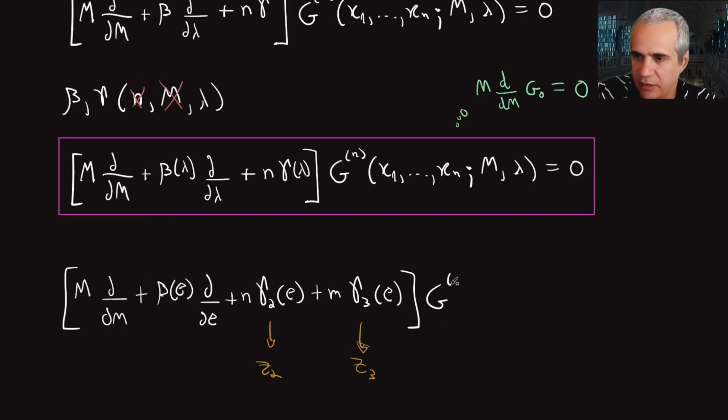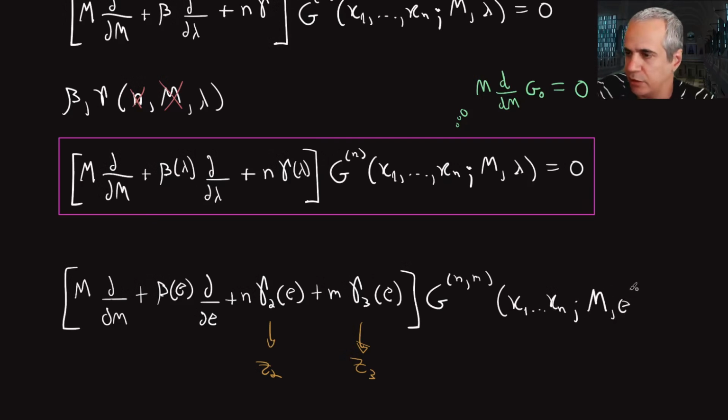N tells me how many electrons I have, the fermions, and M tells me how many photons I have. Green functions in QED can depend on these two quantities. And then the rest is the same. I have the positions here, and of course the renormalization scale and the charge.